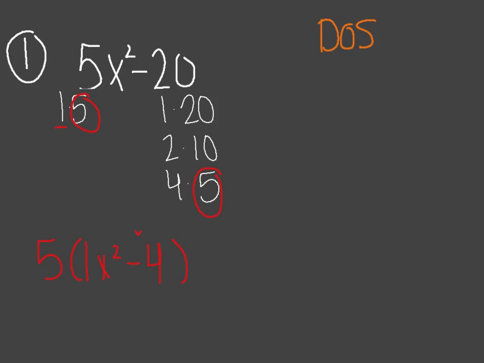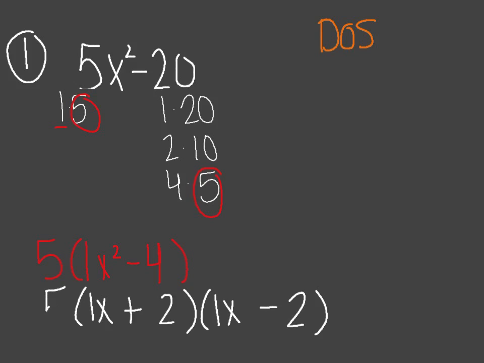We already know it's difference of squares, so inside my parentheses, I just work with difference of squares. I have my 2 sets of parentheses, or my factoring frames. The perfect square of 1 is 1. The perfect square of x squared is x, x. The perfect square of 4 is 2 times 2. I make one a positive, one a negative, and that 5 just drops down. This is my final answer.